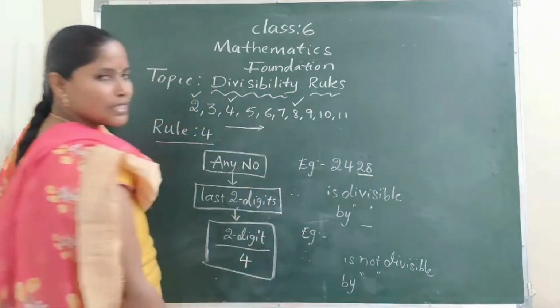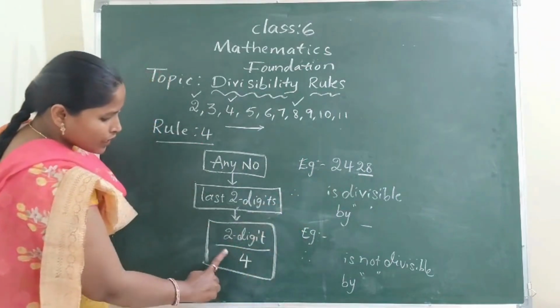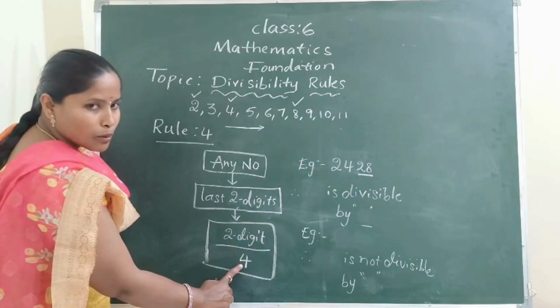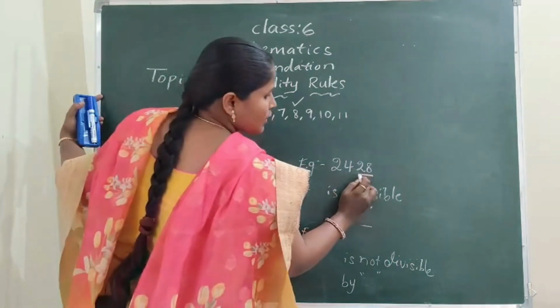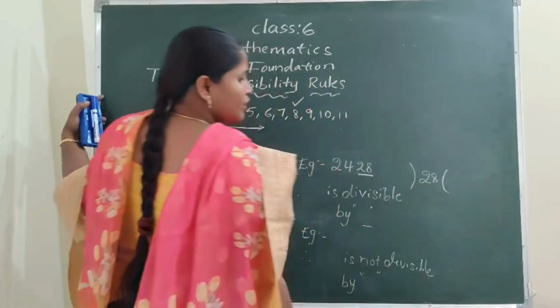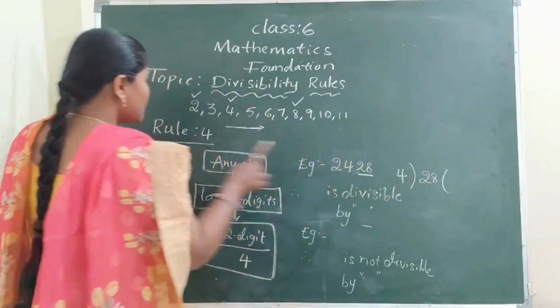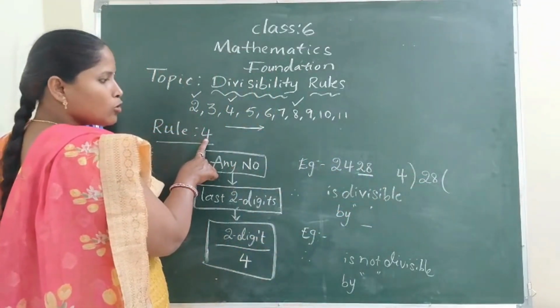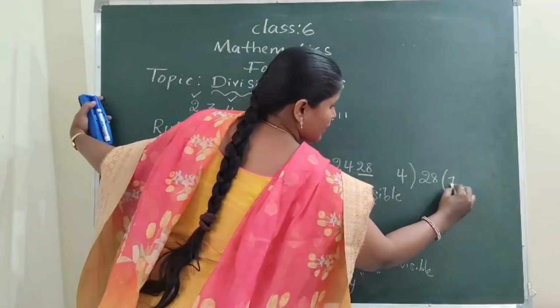The last 2 digits of a number should be divisible by 4. Now we check it. I am dividing 28 with the 4 table. Why are we dividing with 4? Because we are applying rule 4. 4 how many times? 7 times.